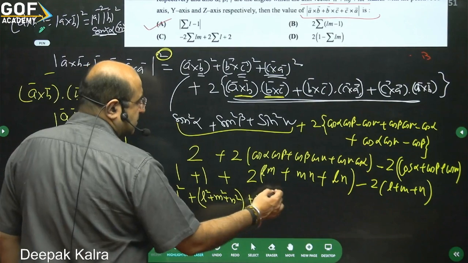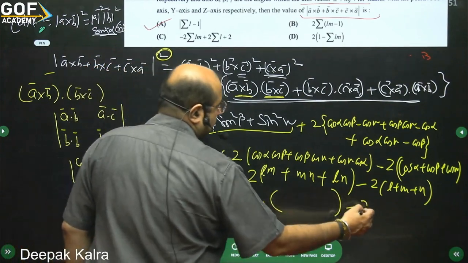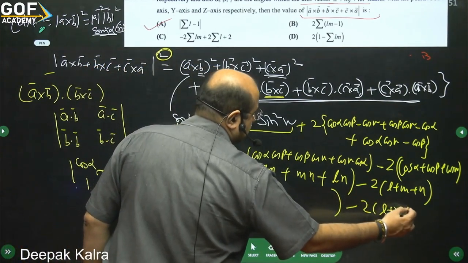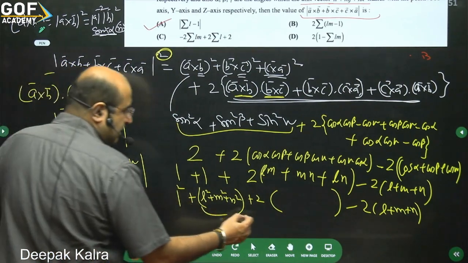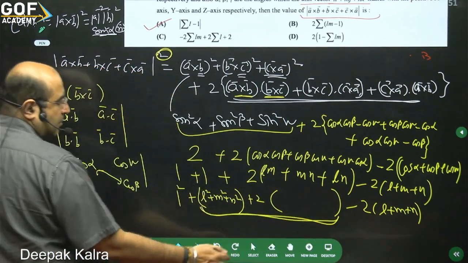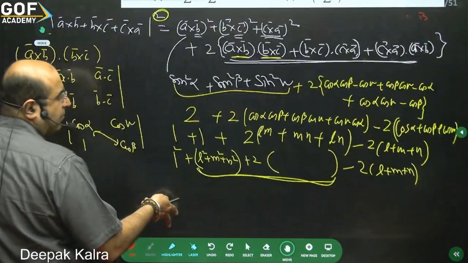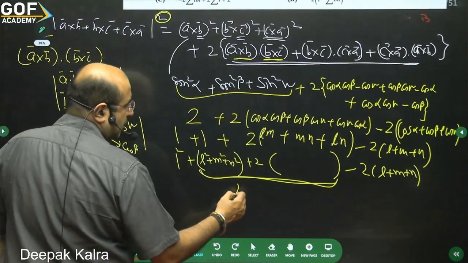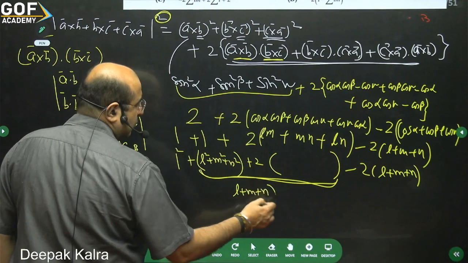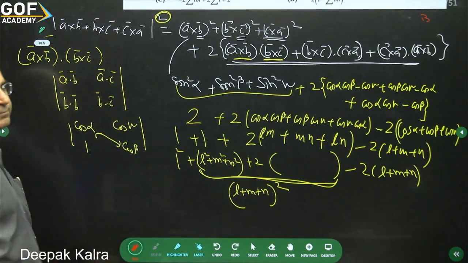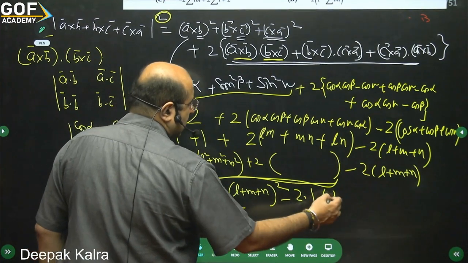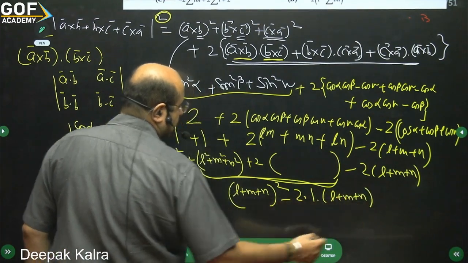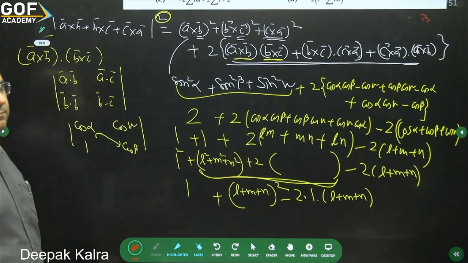Plus 2 times this whole, minus 2 times L plus M plus N. So this whole expression is going to form L plus M plus N whole square, minus 2 times 1 times L plus M plus N, plus 1.